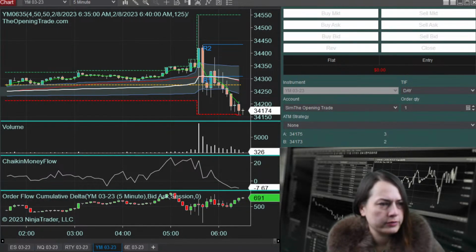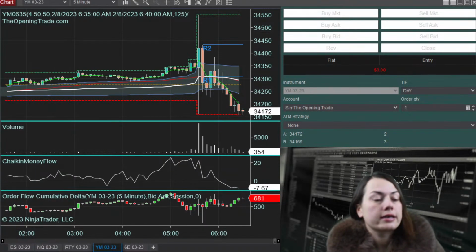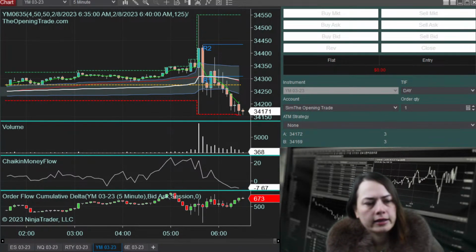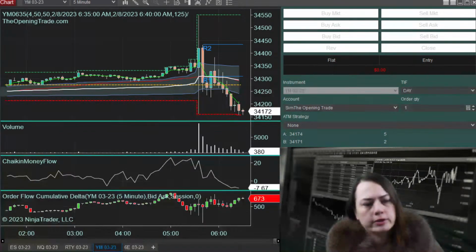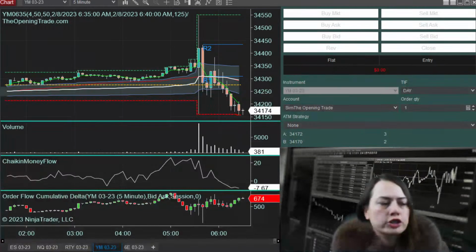All right. So what did we see for news today? So today is February 14th, and at 6 a.m. Eastern Standard Time, the NFIB Small Business Index report was released, and then we saw at 8:30 Eastern Standard Time the CPI month over month came out with a 0.5% change.